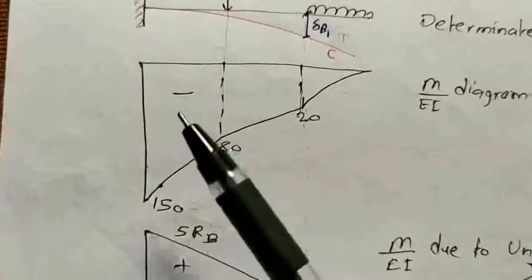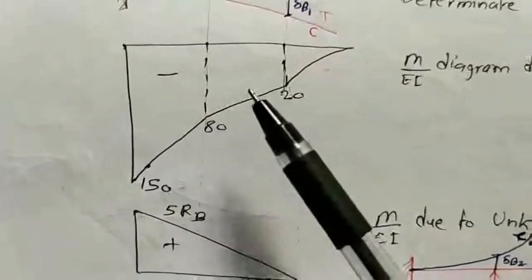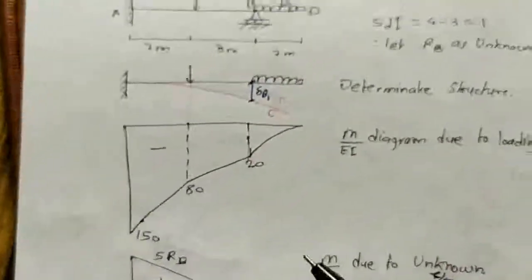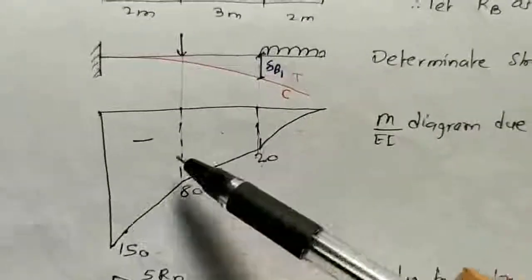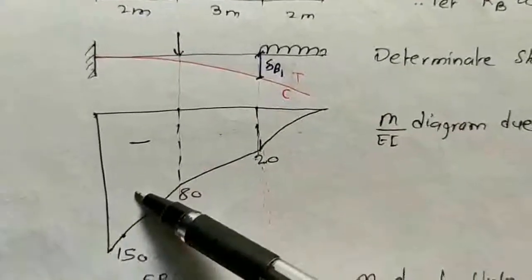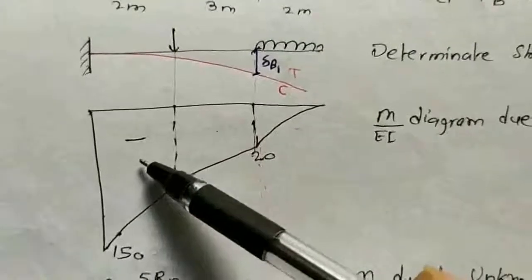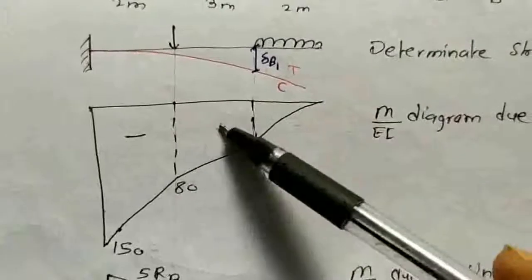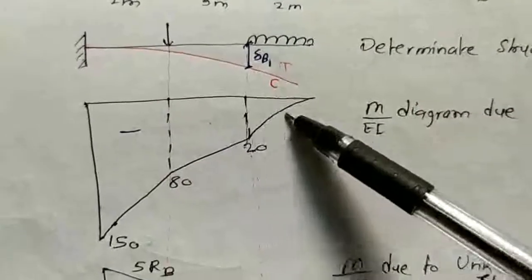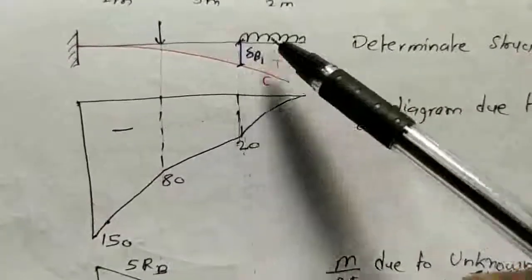This diagram is negative. We are going to consider the area of this diagram. Here we are going to find the value of delta B1. That means you have to consider only this and this area. Just take the area and the moment of this area and this area. Don't consider this area because this is the overhang portion.